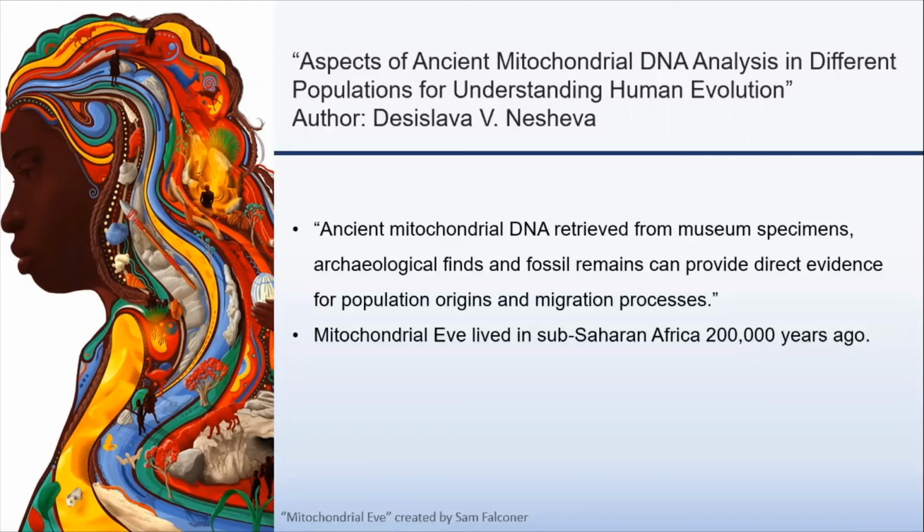This article summarizes it perfectly, stating, ancient mitochondrial DNA retrieved from museum specimens, archaeological finds, and fossil remains can provide direct evidence for population origins and migration processes. They also discuss the mitochondrial Eve, who lived in sub-Saharan Africa 200,000 years ago. She was the last female common ancestor.